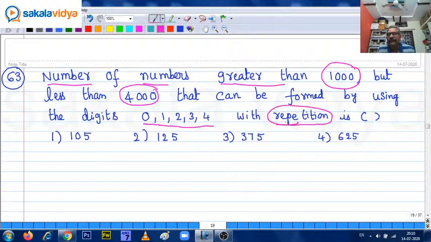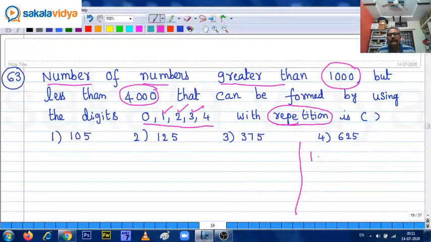Greater than 1000 means we need to find the 4-digit numbers. Less than 4000 means simply begin with 1, begin with 2, begin with 3. So that lies between 1000 and 4000 only. Understood now? So now we need to make a plan like this.